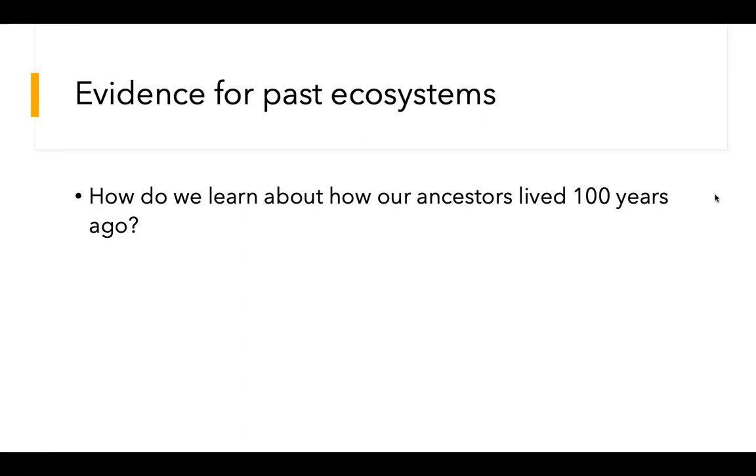We have evidence in terms of videos and photos, although videos would be very primitive compared to today, and written documentation. In other words, we've got quite a bit of evidence of what was happening 100 years ago. But if we go back 200 years, the evidence is still very strong, but not quite as strong. Now we're relying more on photographs and the written word to tell us what was happening back then.